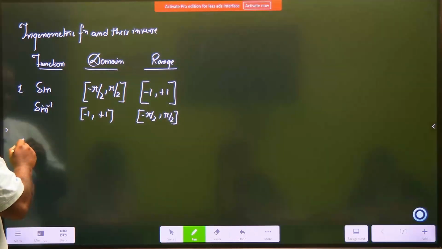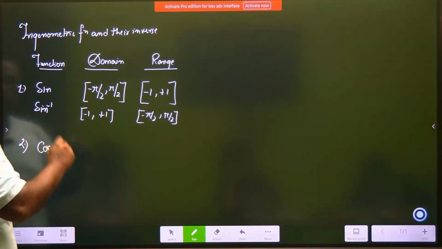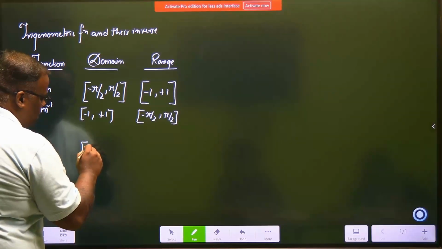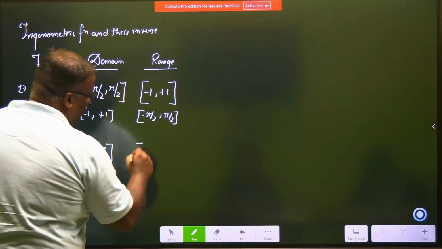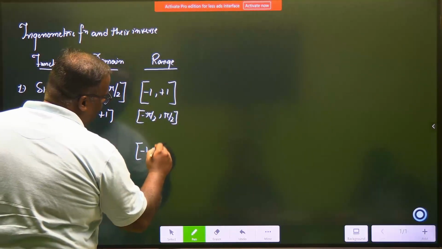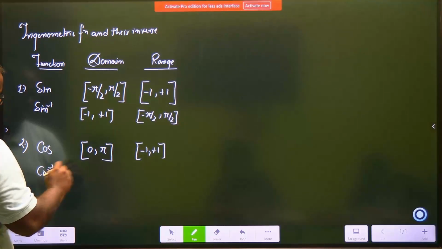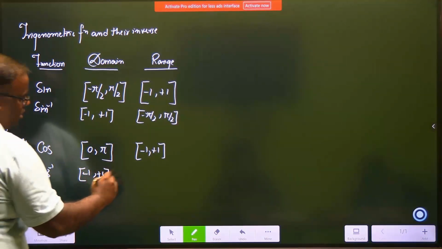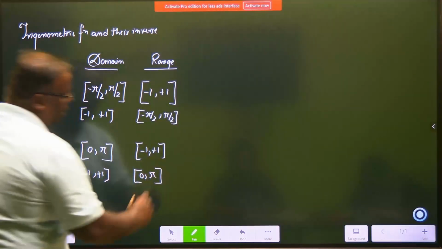My second function is the cos function. In cos, my principal domain will be 0 to pi. The range will be -1 to +1. So cos inverse will take -1 to +1, and the principal range of the inverse function will be 0 to pi.